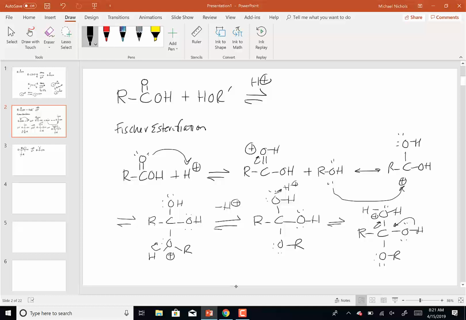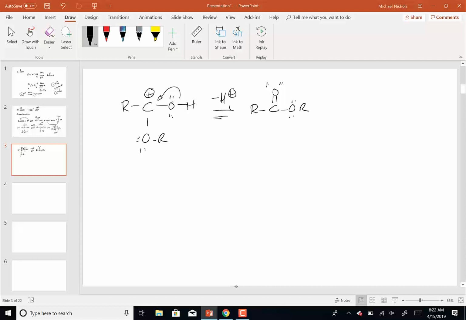I would accept that because that's used a lot in books, and I don't know if I believe that really occurs or not. I haven't searched the literature to find out whether it does. But you can combine those last couple of steps into that. That would be okay. And actually, I think that was what was on the esterification handout that those of you got. Okay, so that's the mechanism for Fischer esterification.